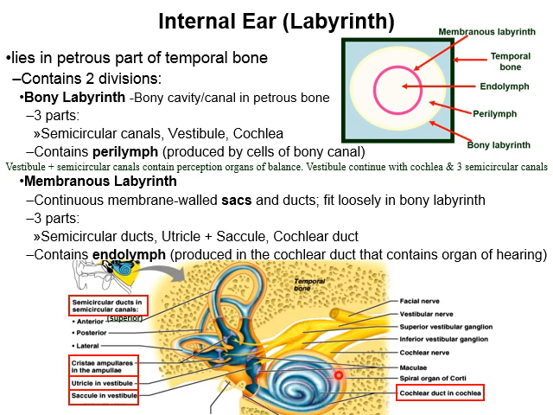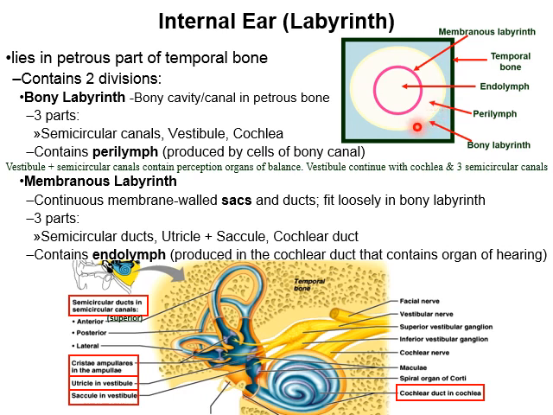The bony labyrinth is the part that you can see here in yellow color. It contains fluid called perilymph running inside the bony labyrinth. The perilymph is produced by cells of the bony labyrinth. So in this illustration, you can see the temporal bone.